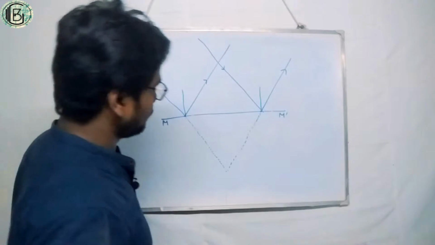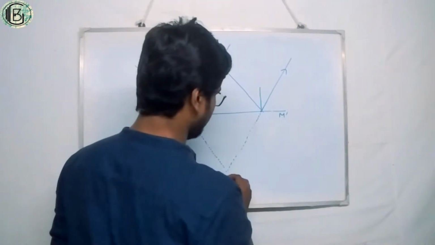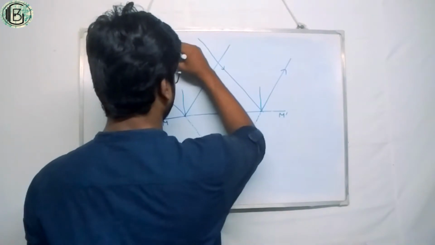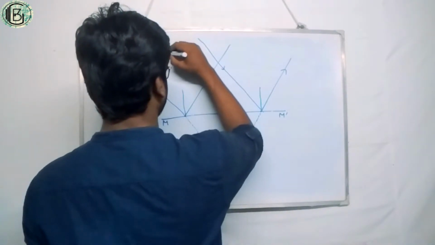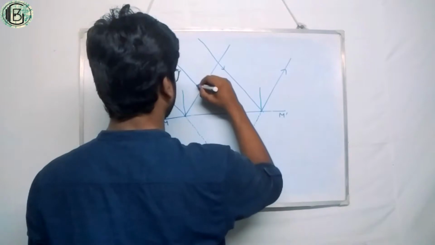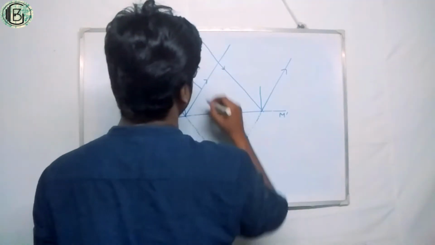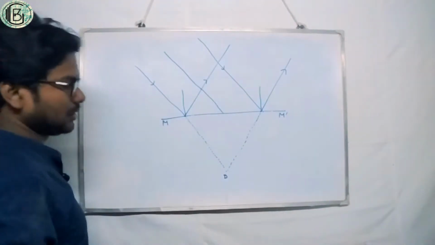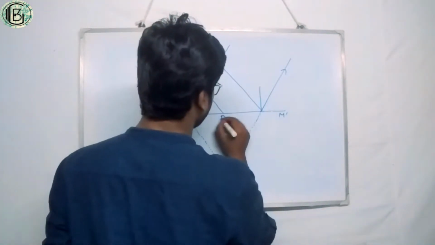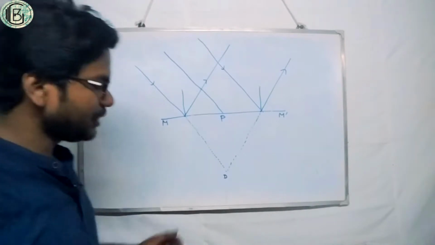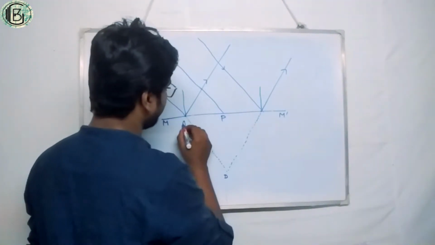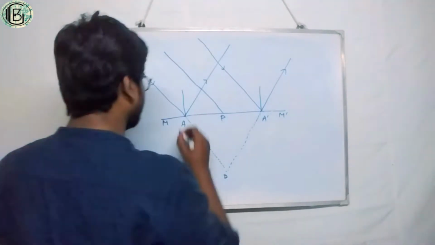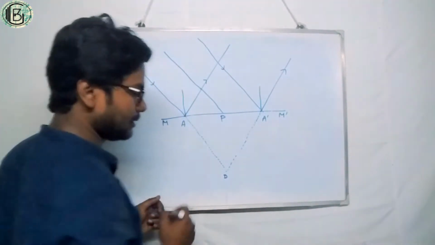Now this is D, and we are drawing another ray like this. Now this is P. Now P may be any point between A and A prime. So this is A.